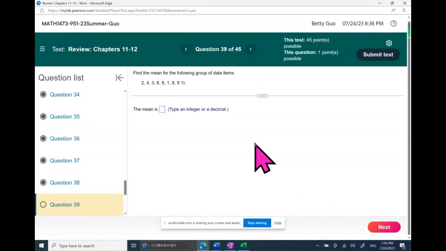Okay, number 39. Find the mean of the following group of data items. So we're going to add them up and divide by the count, or you can use Excel. Let's do it manually.